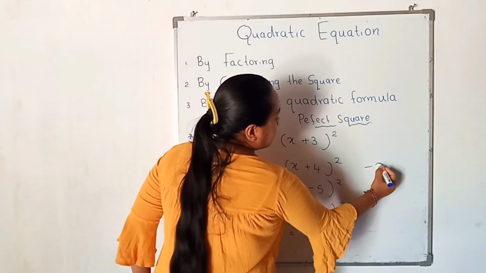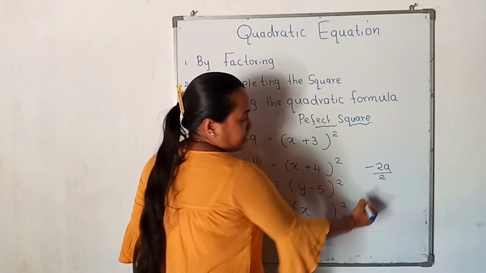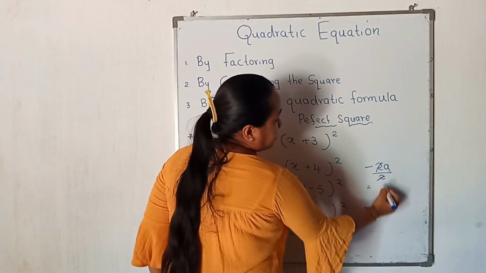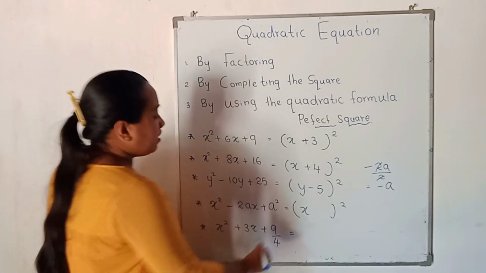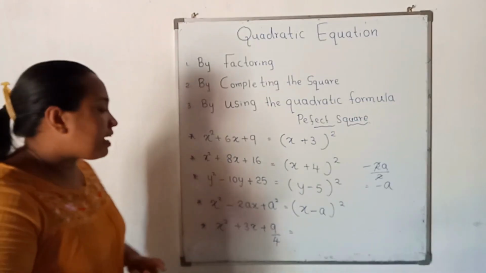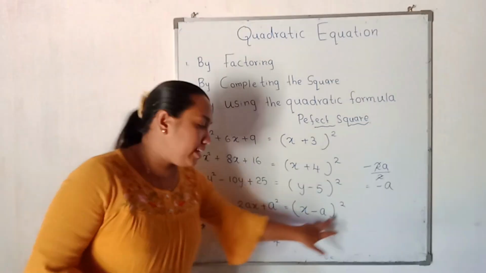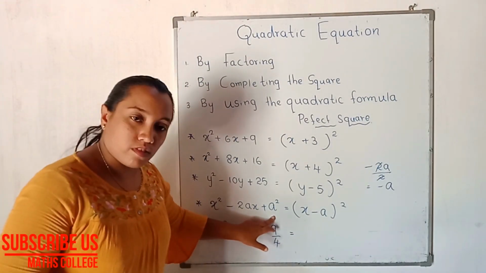Then minus 2a divided by 2, what is the answer? The 2 cancels, and minus a is the remaining. Then put the minus a here. The expansion of (x minus a) squared is x squared minus 2ax plus a squared.